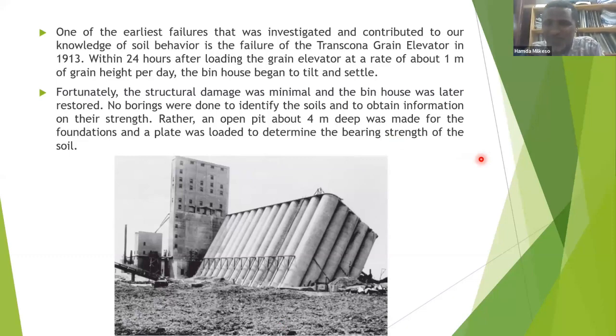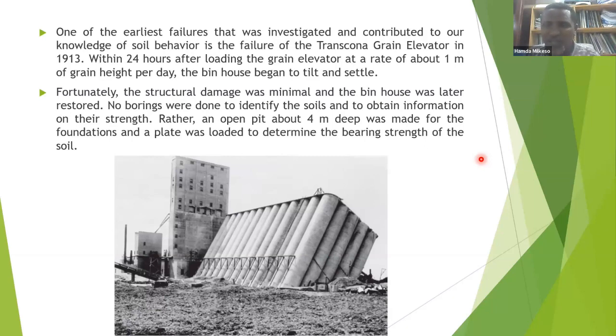Thank you, dear Dr. Safet. I really enjoyed and am very happy with your presentation on the course. I have a question on the Transcona grain elevator collapse, that means failure. As I see on the screen, the initial failure of the structure occurred due to the effects of the nature of the soil, or initially due to the wind load.